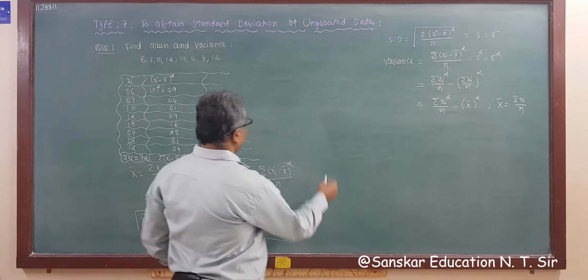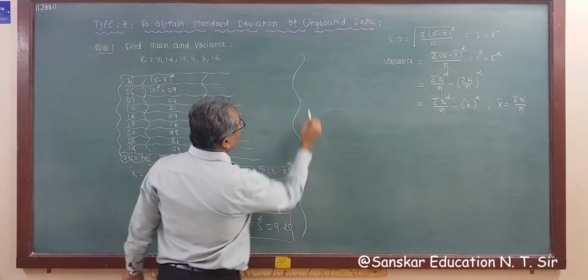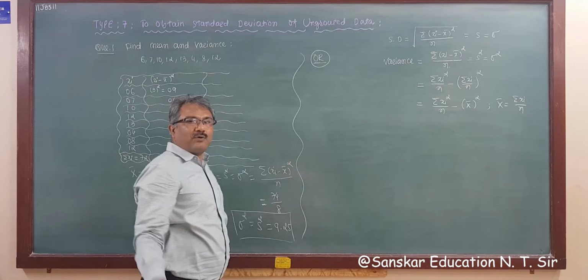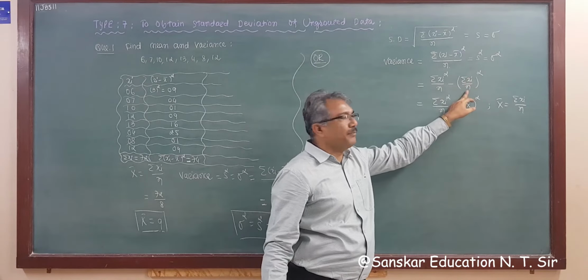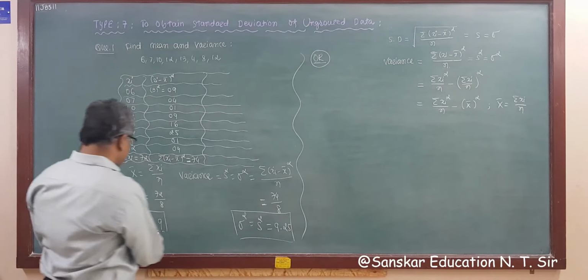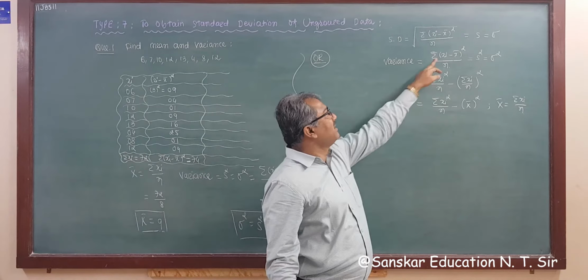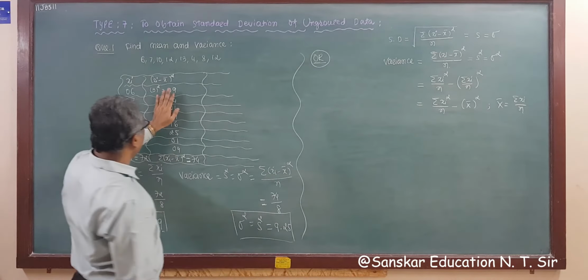Now second method. Suppose we want to apply this formula. Now we got sigma xi upon n whole square, we already have this. If you want to apply this formula, there is no need to find xi minus x bar whole square, meaning this column is not required.